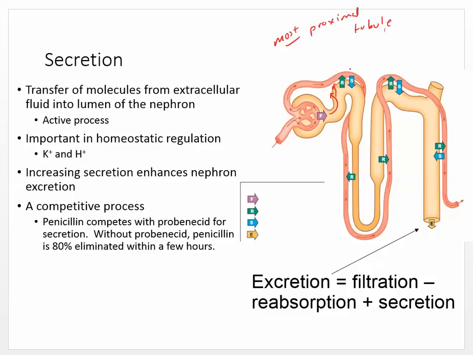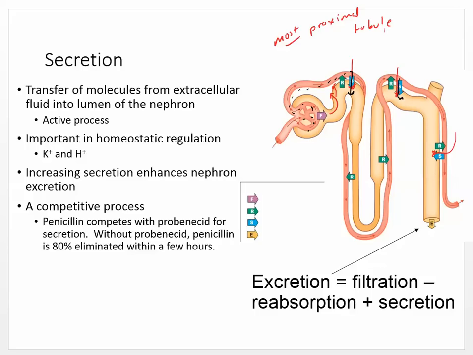And when I say all the way along, it's mainly in the proximal tubule and the distal tubule, and then a little bit in the collecting duct, is secretion. So that's this idea that if something made its way past and didn't make it through the filtration process, okay, so this is what I mentioned earlier, and I have another picture that'll show that, it will actually move back into the tubules through this process called secretion.